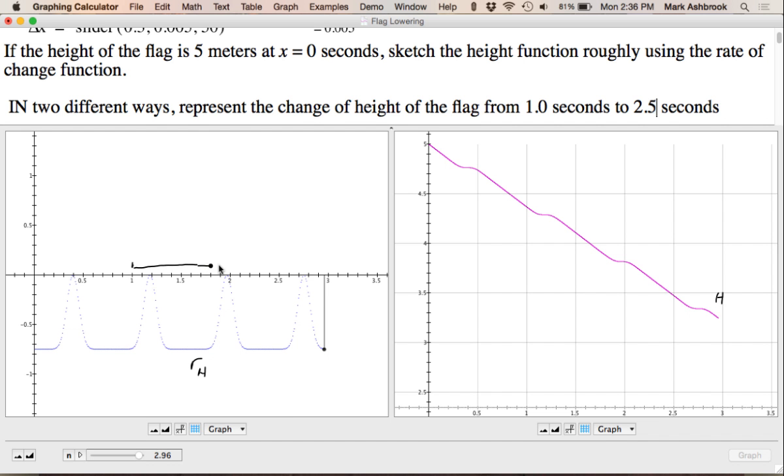And when you're done thinking about it, talk to somebody else only if they're done thinking about it. If someone is still working on it, keep working on it. But if you're done and you find someone else who's done, then talk about your two different ways of expressing this change in height.